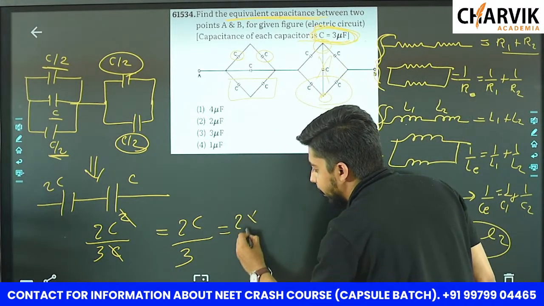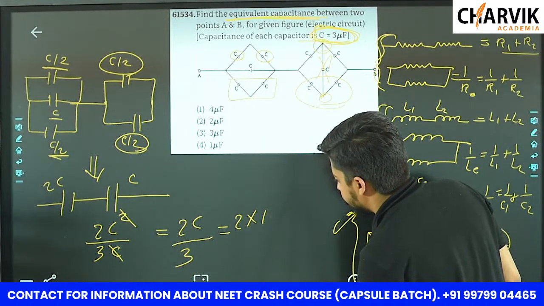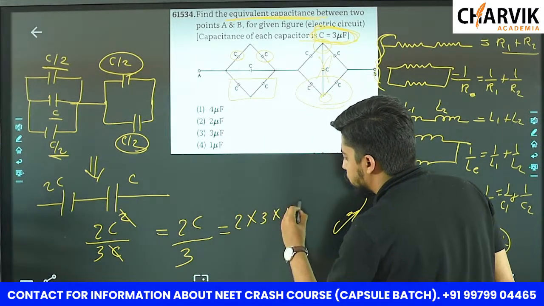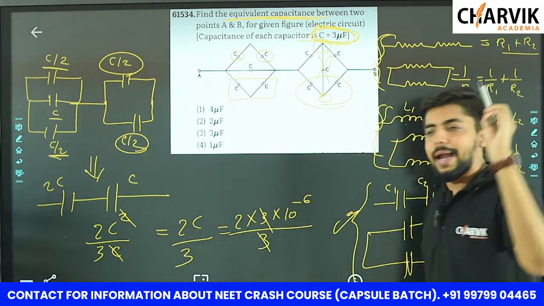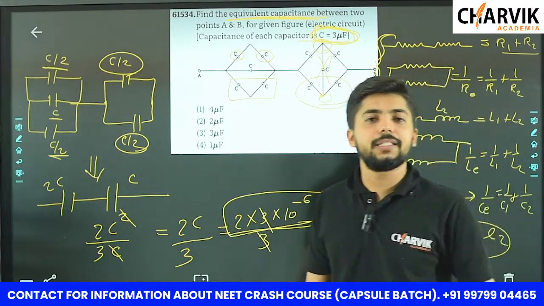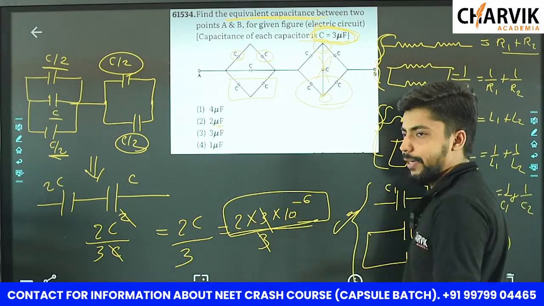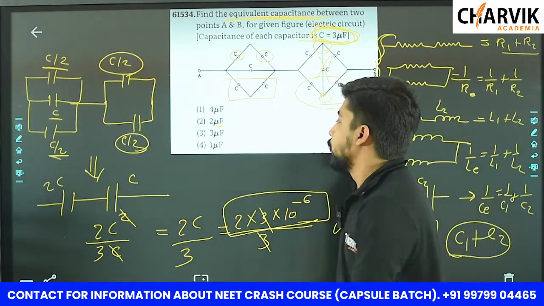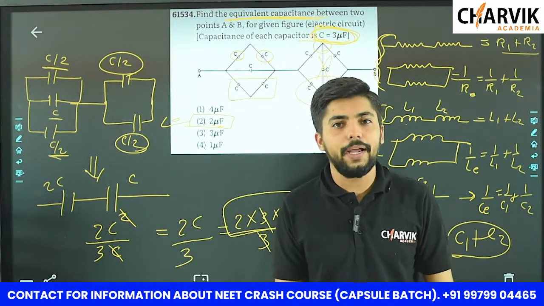So it is 2 into 3 into 10 raised to minus 6 divided by 3. The 3 cancels out, and you get your final answer, 2 into 10 raised to minus 6 farad. The answer is given in microfarad, and 2 into 10 raised to minus 6 is nothing but 2 microfarad, which is your second option.